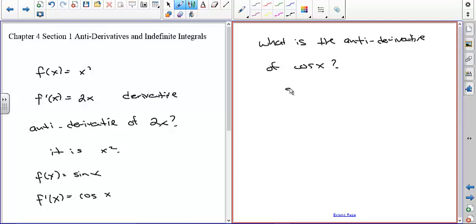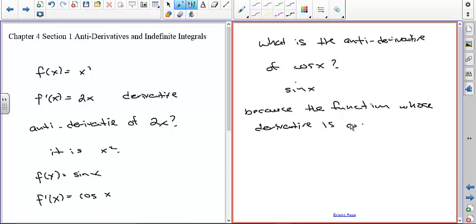And the answer would be the sine of x, because the function whose derivative is the cosine of x is the sine of x. A lot of is's there, but so that's the basic idea of antiderivatives.